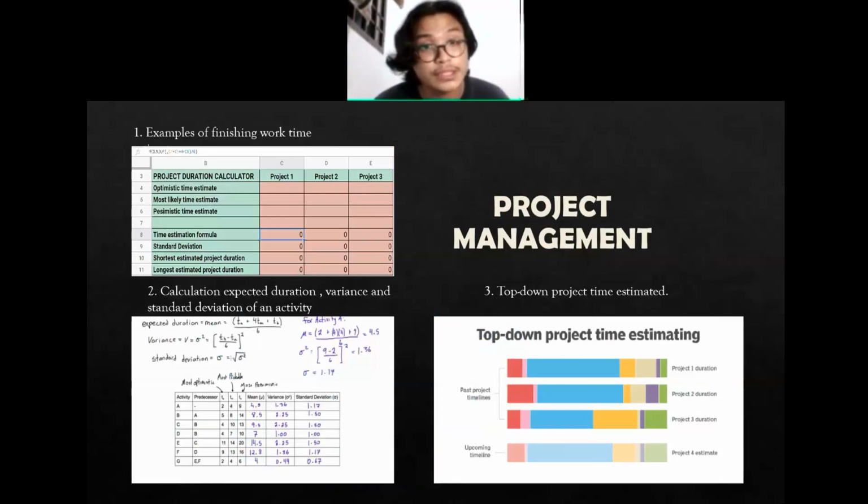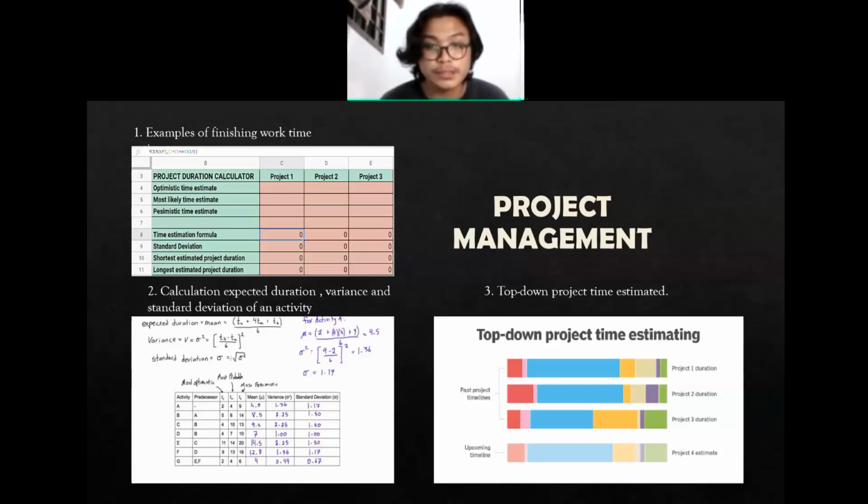So we can see the example and timeline that we must follow to proceed with the problem statement. Firstly, we can see the example of finishing a work time. You can see the project duration calculator, project 1, project 2 or project 3. There is a title, and for each small title, we must do an alert.